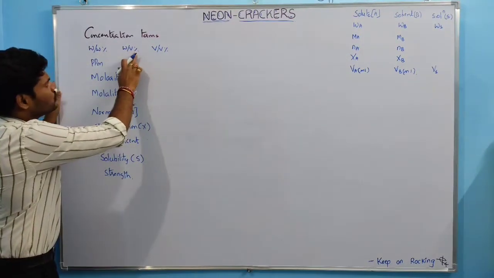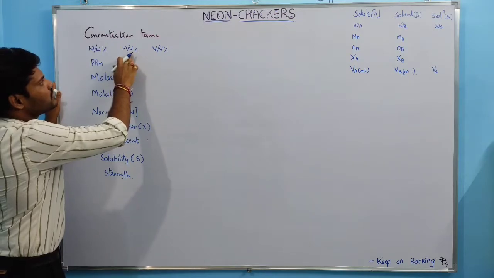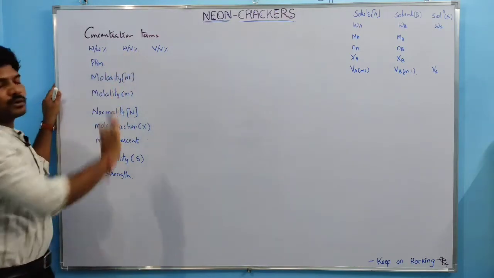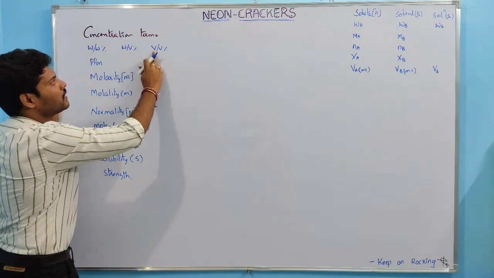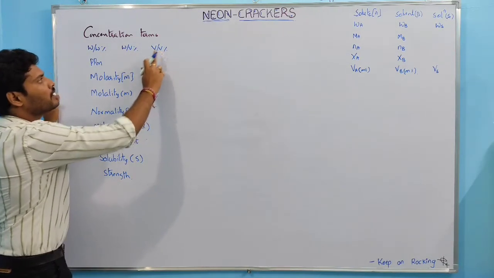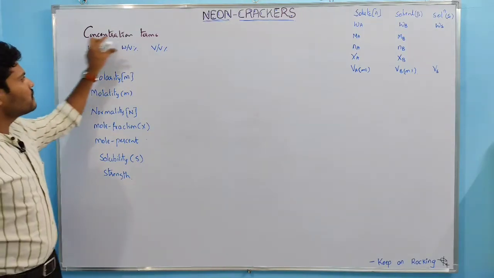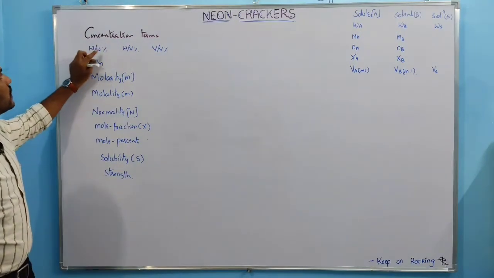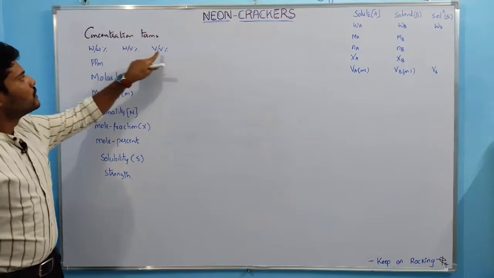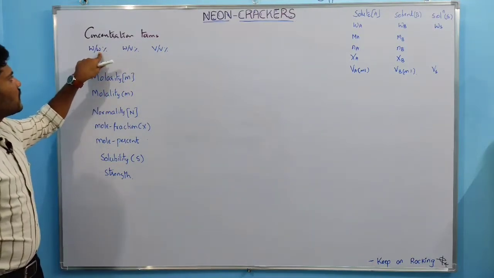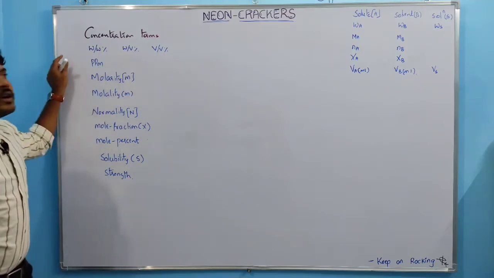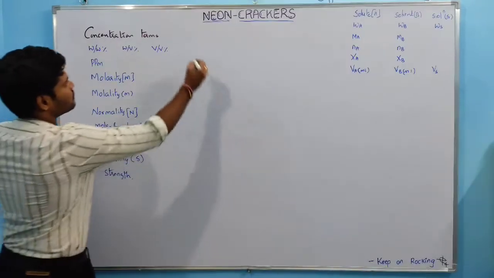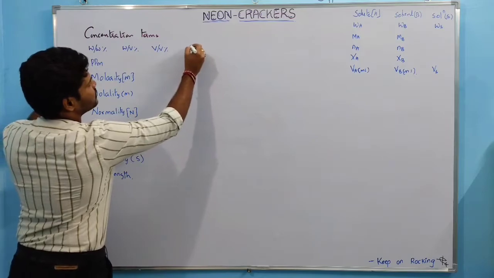Weight by volume is the amount of solute in grams dissolved in 100 ml of solution. Volume by volume is the amount of solute in ml dissolved in 100 ml of solution. If you observe these three concentration terms, the denominator is always about the solution, either percent grams or percent volume of solution.